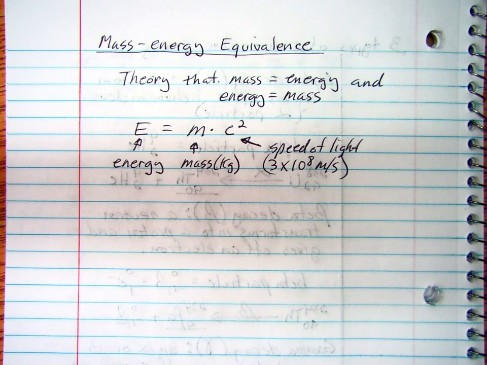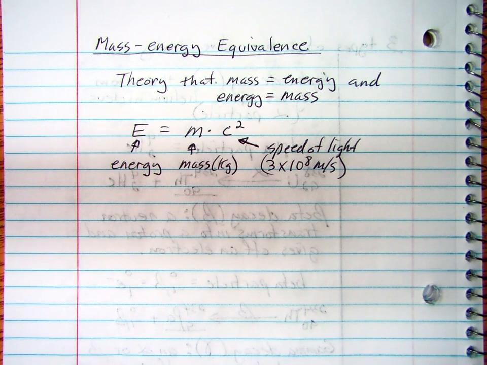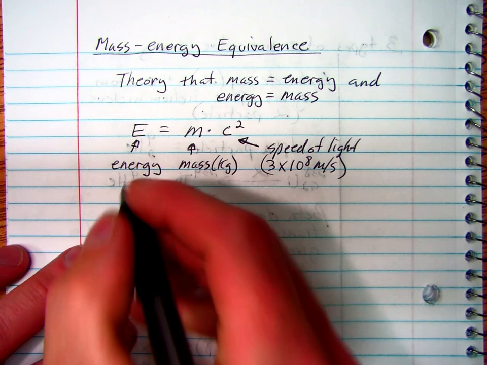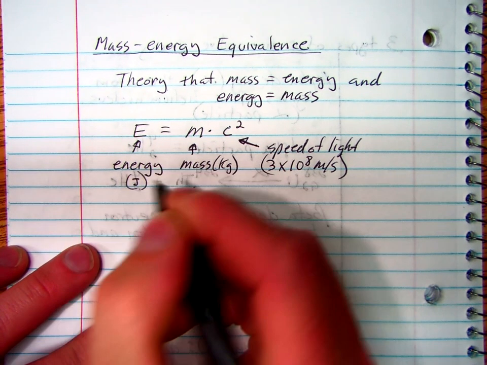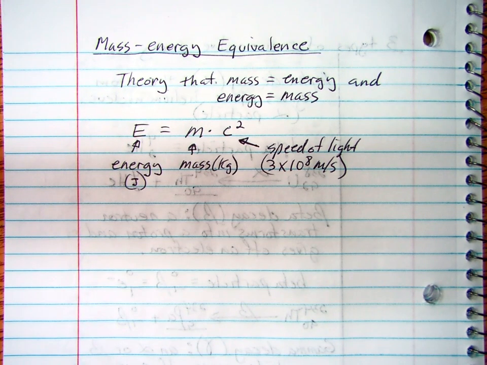Okay, mass energy equivalence. I flipped over to the left side. Mass energy equivalence is the theory that mass equals energy and energy equals mass. Einstein's famous for this. E equals mc squared. This energy, measured in joules, is equal to the mass in kilograms times the speed of light squared.